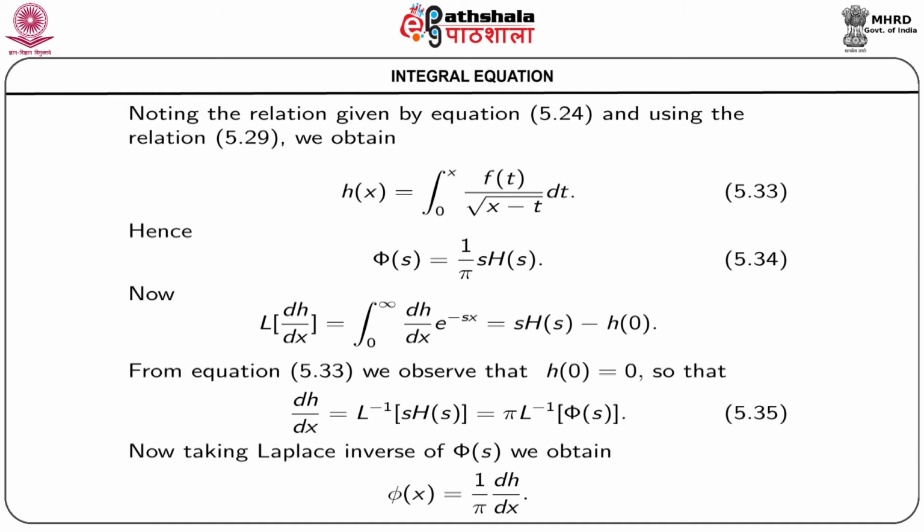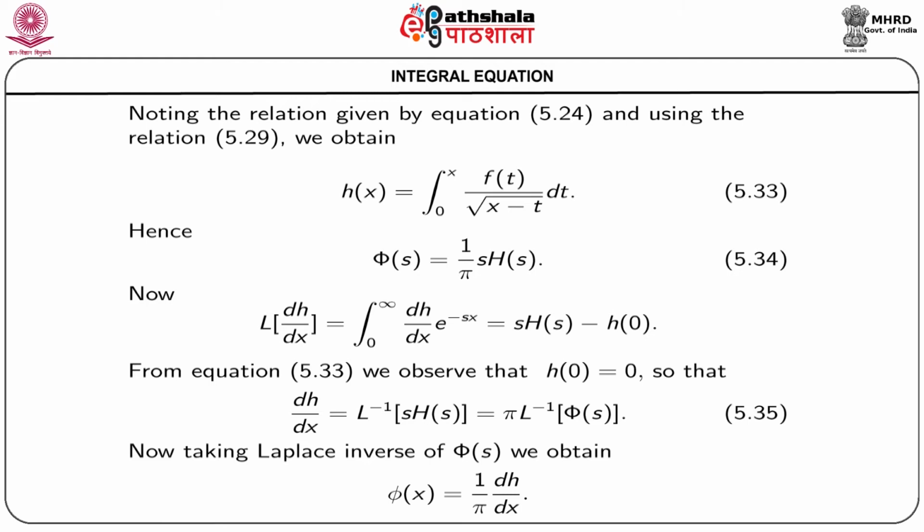You may recall that capital M s is the Laplace transform of 1 by root over x. So, using the convolution we get h x as given by 5.33.